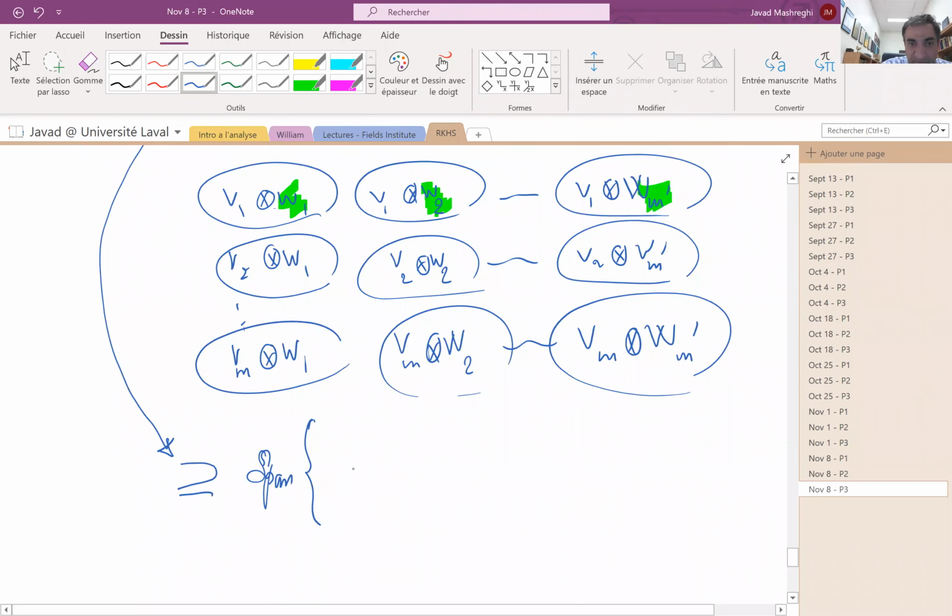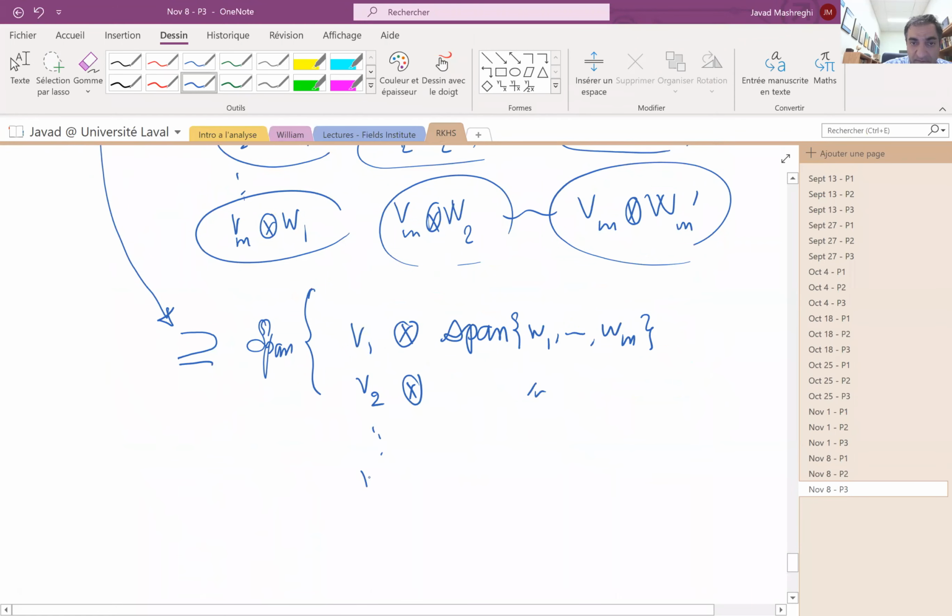It will be v1 tensor span of w1 up to w_n. And I do the same with the second row. It will be v2 tensor, the same thing, and v_m tensor, the same thing. All of these are in my space.